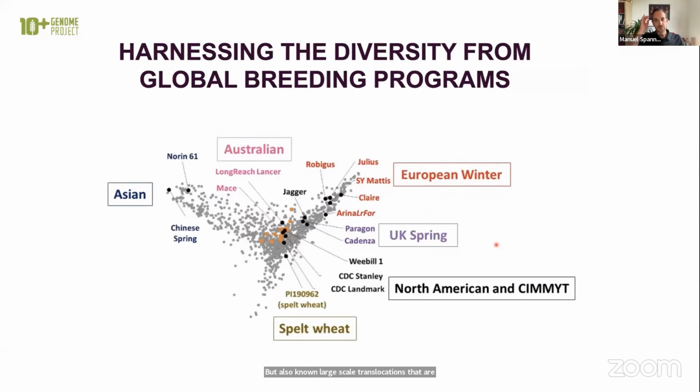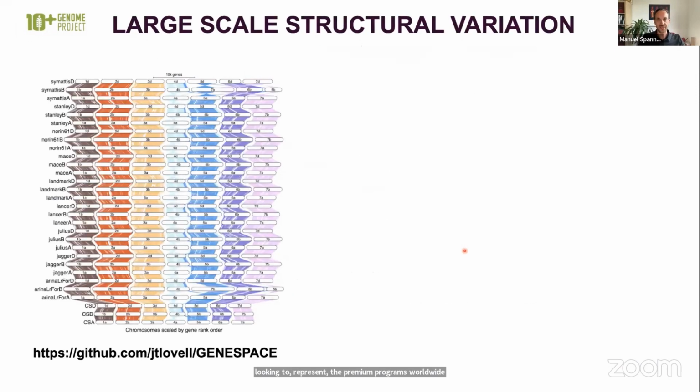As I told you, we had a special focus on harnessing diversity from global breeding programs, so no wild weeds or so were included, but we were really looking to represent the breeding programs worldwide in that panel, what you can see here.